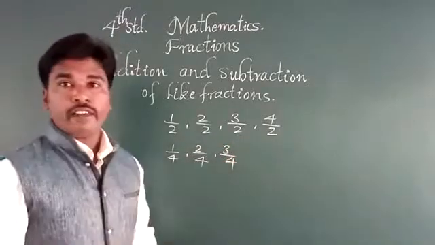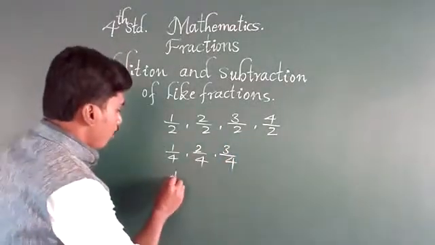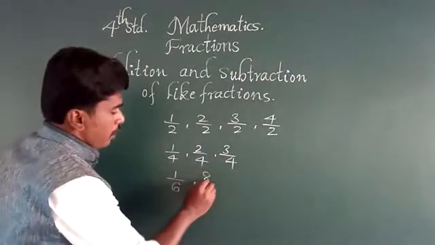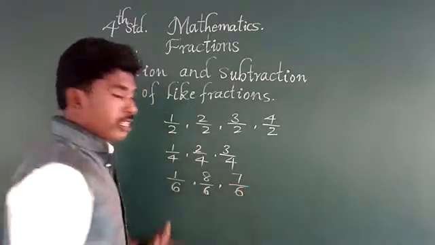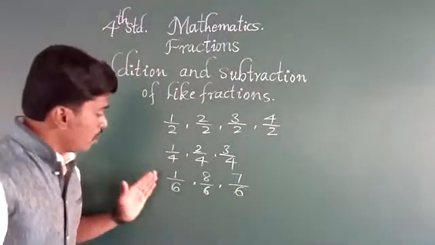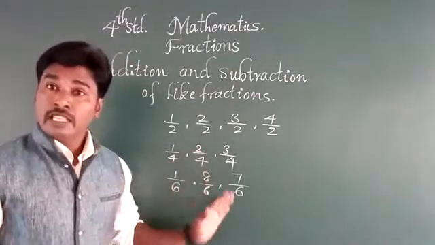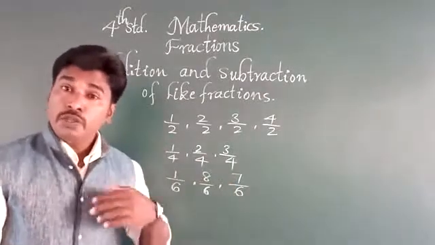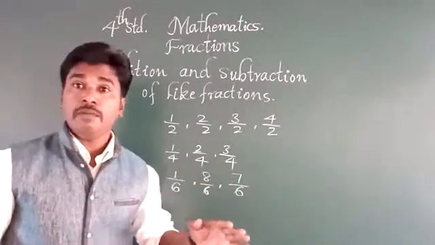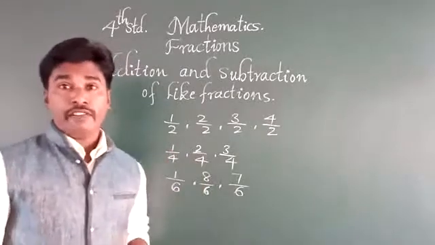These are also like fractions. 1 by 6, 8 by 6, 7 by 6. These are also like fractions because the denominators are 6 only. Fractions whose denominators remain the same are called like fractions.